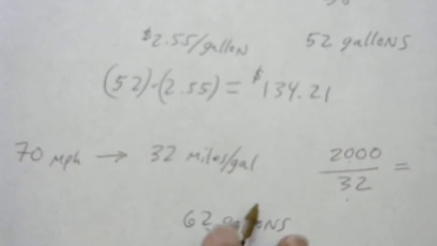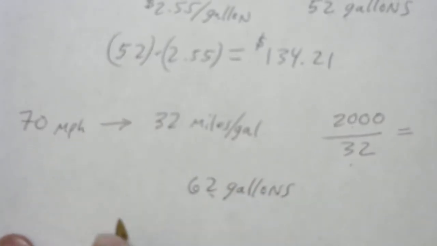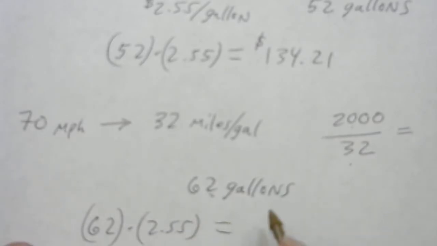And if we look at the comparison, then over that 2,000 mile trip, it's 62 gallons times $2.55, and that's going to cost us about $159.38.